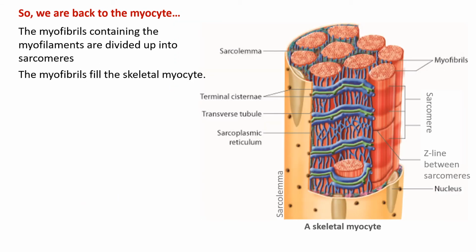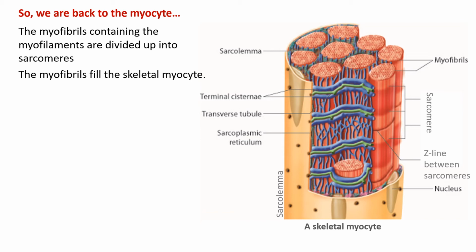So we're now back to our myocyte. We had our action potential coming down our neuron, over our neuromuscular junction, transmitted chemically, and it's now waltzing happily along the sarcolemma. So let's have another look at our myocyte.